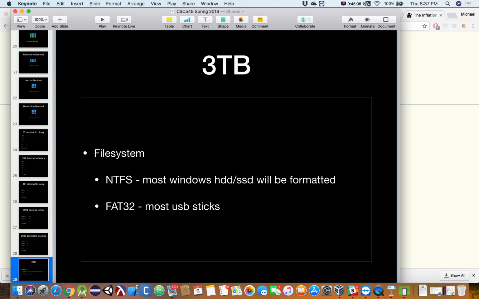Like the ISO for Windows. What does it say when it tries to store it on your jump drive? You have to reformat it as NTFS. The error message you get is not enough space.